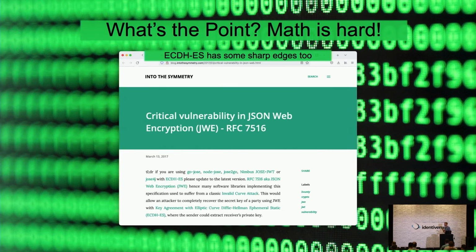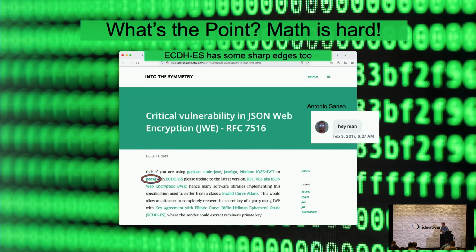If you include certain kinds of keys that aren't actually on the curve that you're operating on, and you're smart and know a lot of math that I don't know, there are ways to do that a few different times with a few different keys and recover the key that's being used on the other side for the key exchange. So it's basically a private key recovery exploit, in cases where the ephemeral key that's being sent in isn't properly validated.